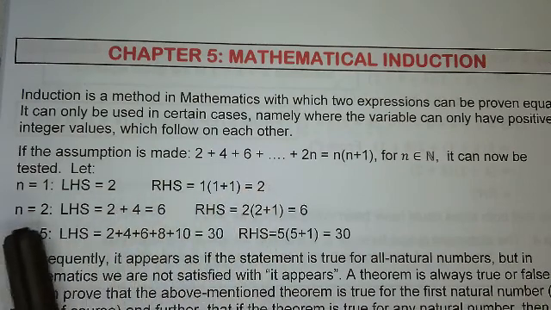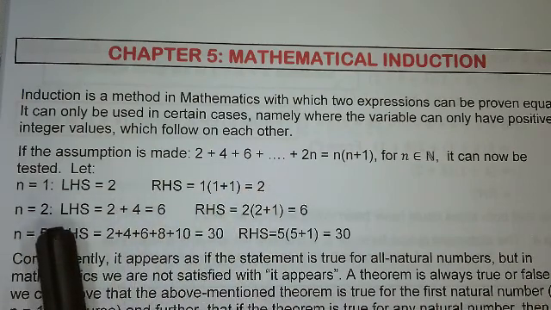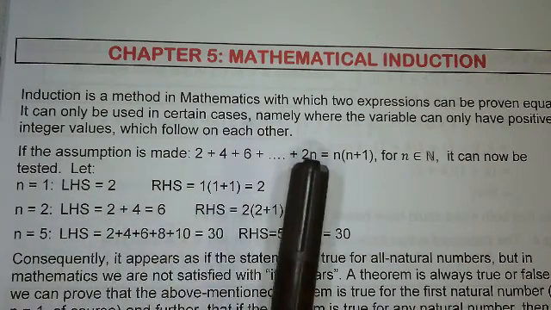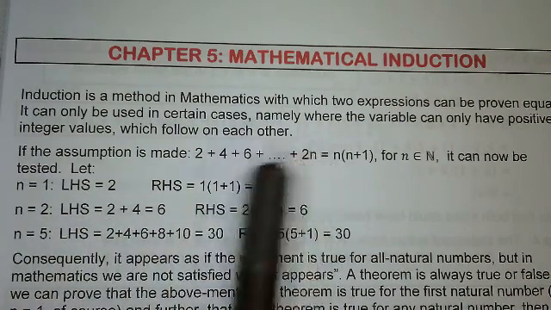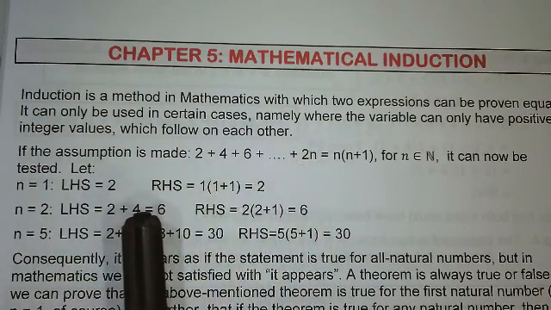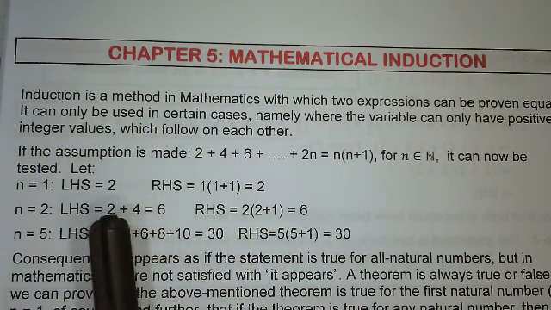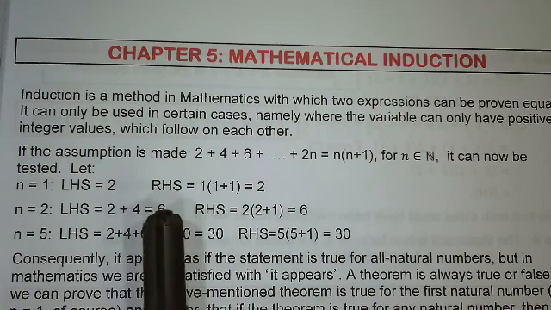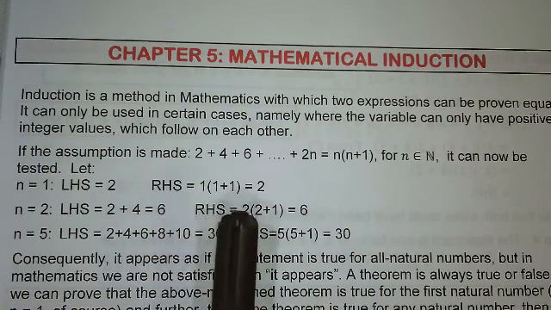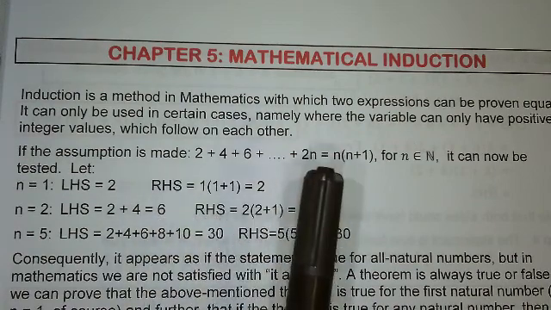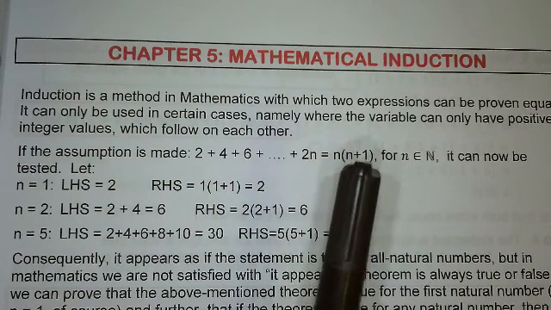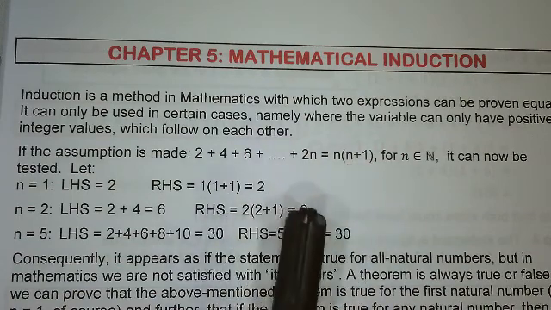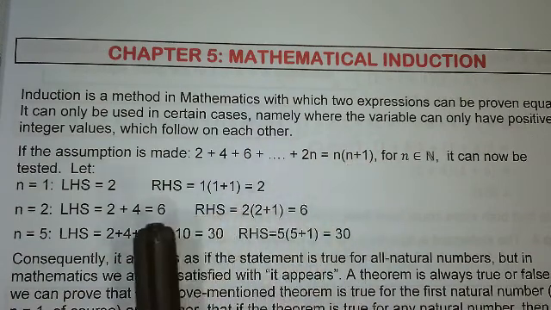Now, if n is equal to 2, then you will have 2 times 2, that means it's 4. But remember, this is a series, so I must add the two terms together to get the sum, so that is 6. If I substitute into the right hand side, it means 2 bracket 2 plus 1, so it's 2 times 3, that's equal to 6. Can you see the left hand side is equal to the right hand side? And so I can carry on.